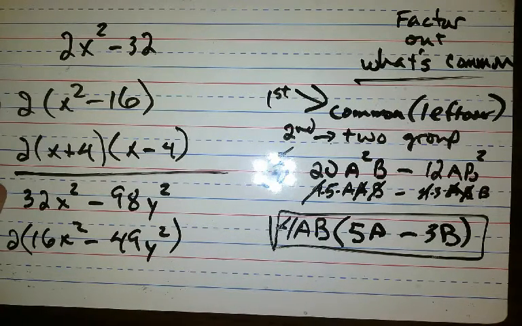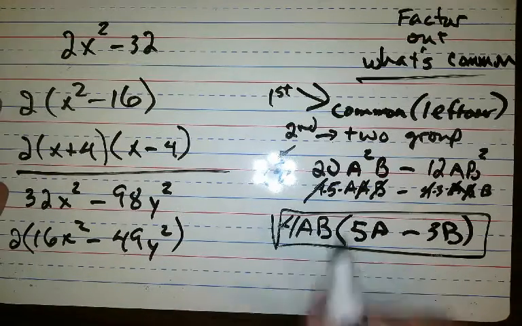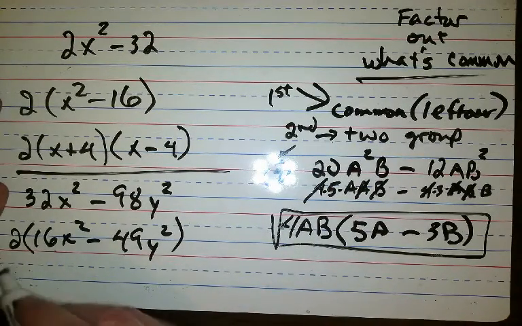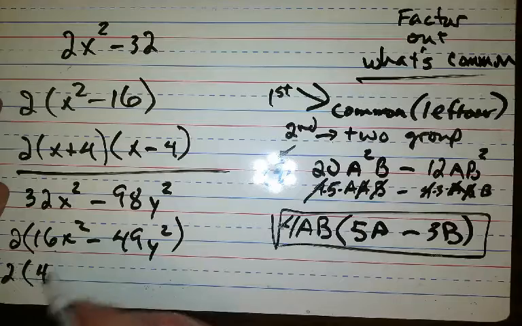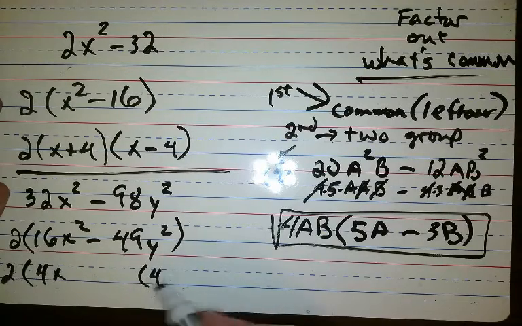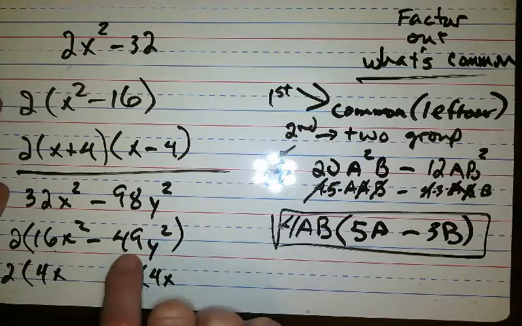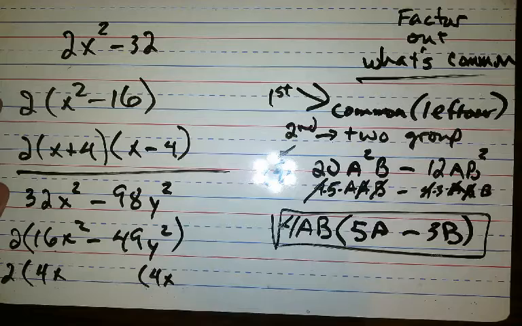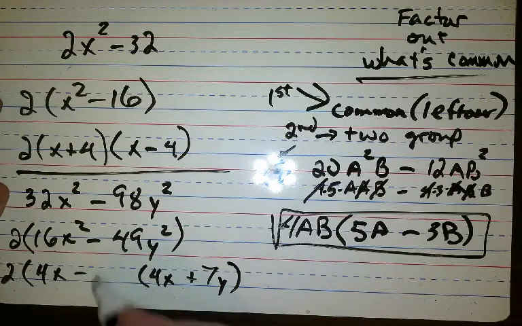Ho, ho! Now, can I do this when there's two letters? Yes, I can. It's the same thing, because to get 16x squared, you have to have 4x and 4x, right? And to get 49y squared, you'd have to have 7y plus and 7y minus, right?